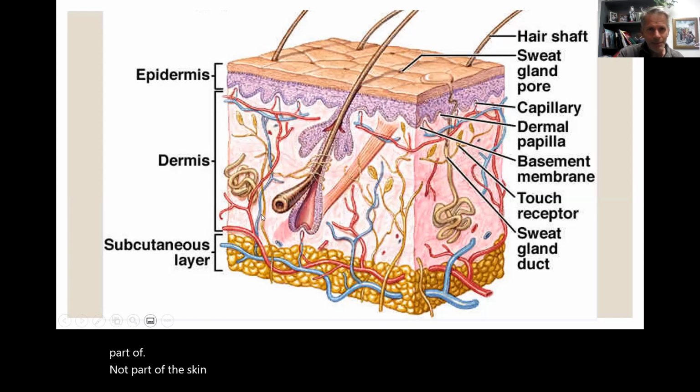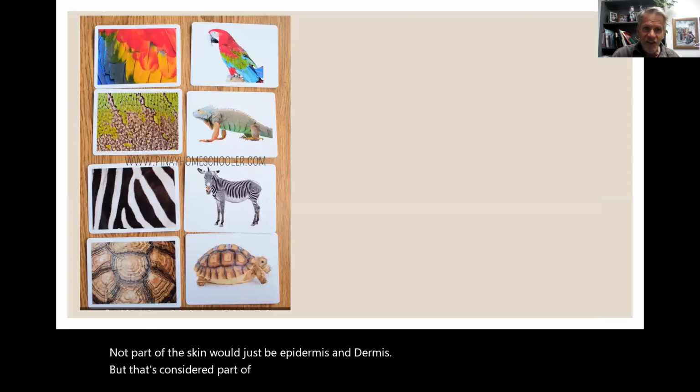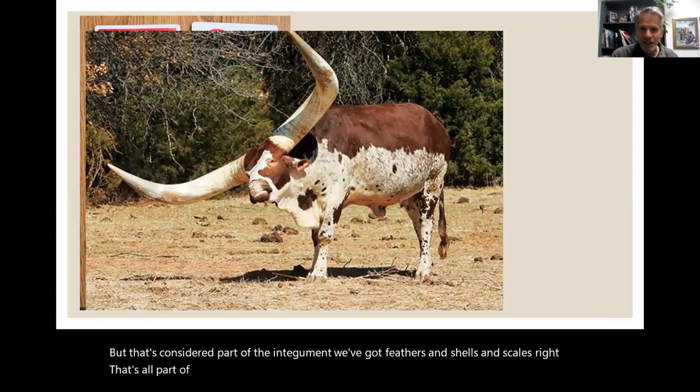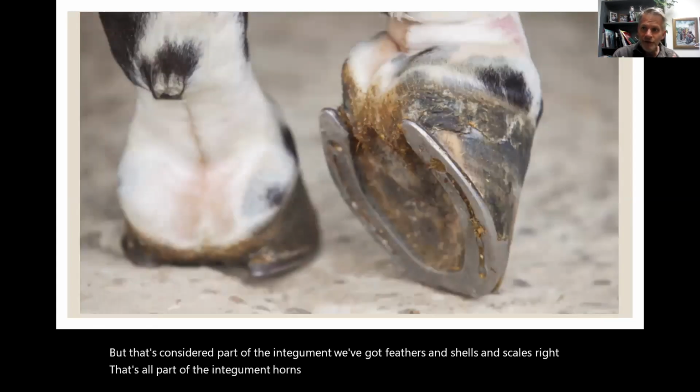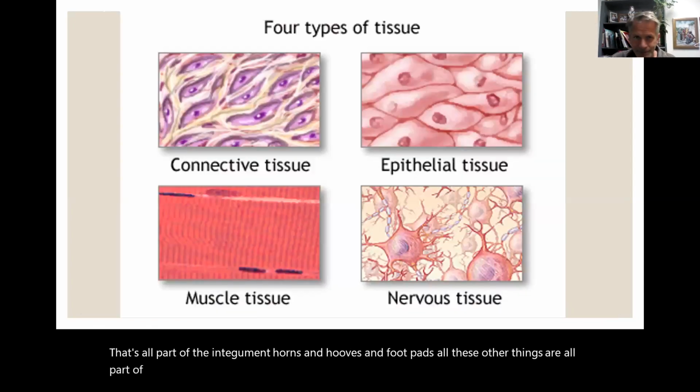Skin would just be epidermis and dermis, but that's considered part of the integument. We've got feathers and shells and scales, right? That's all part of the integument. Horns and hooves and foot pads and all these other things are all part of the integumentary system.